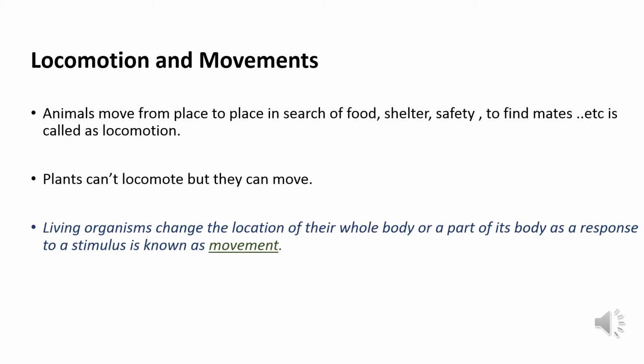Now we'll try to define the term movement. Living organisms changing the location of their whole body or a part of their body as a response to a stimulus is known as movement.